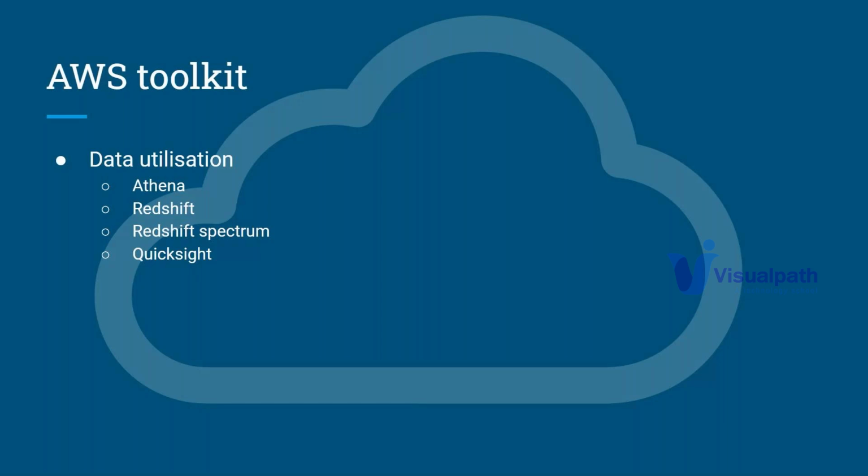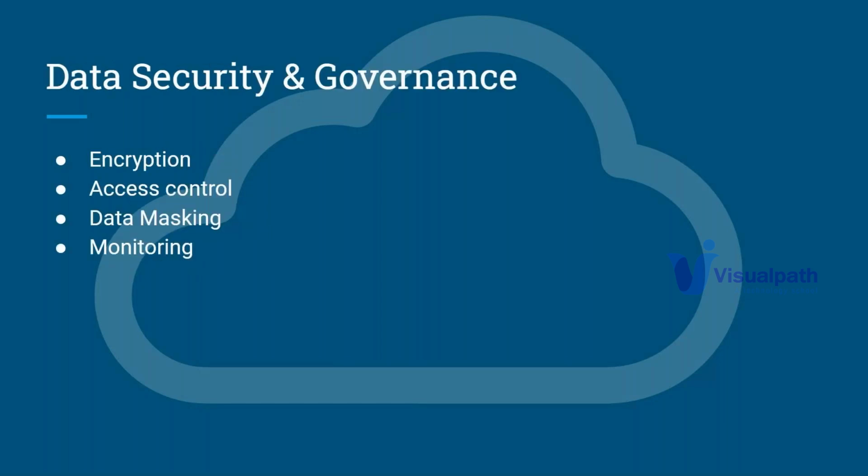So, data security and governance. So far we discussed what is data engineering, what is big data, and what is cloud service, and what are all the services we are going to cover in AWS. These are all part of data engineering, and the major part of all these we discussed is data security. As data engineers, we need to make sure the customer data is not visible to others. Let's say I'm working in the healthcare domain.